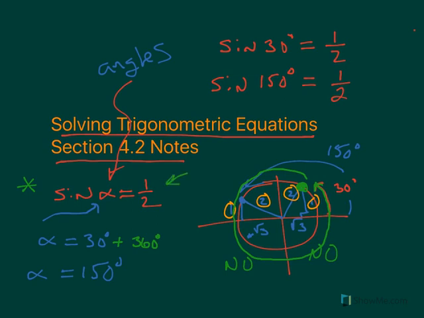And you could add 360, you could subtract 360, you could add 3 or 4 or 5 rotations of 360. So what we're going to say is that we can add any multiple of 360. So it's going to be true at the coterminal angles as well. So any multiple of 360.